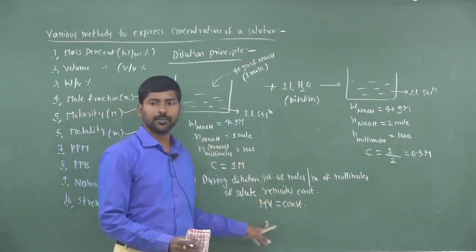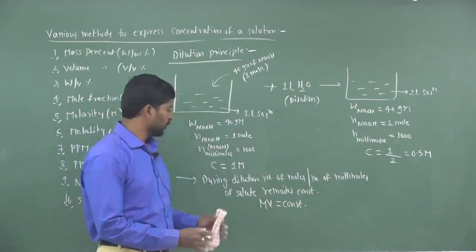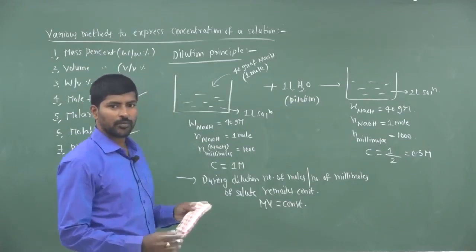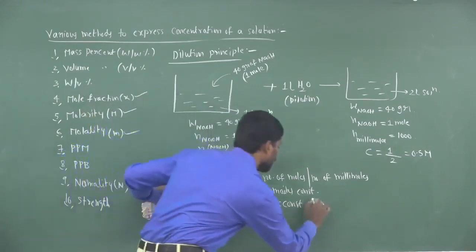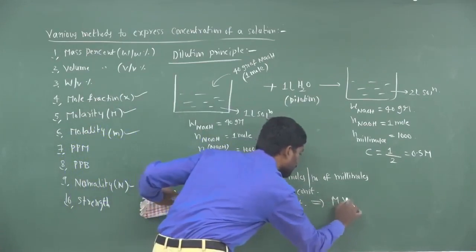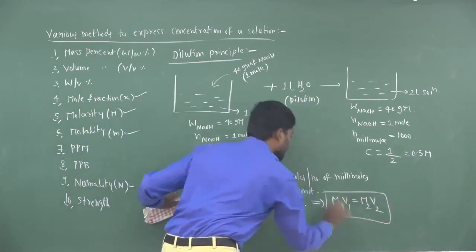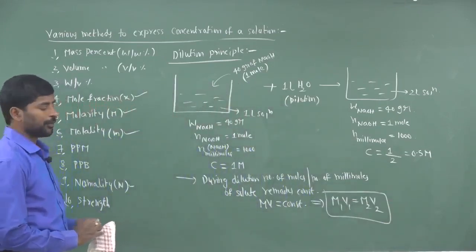If you take liters, it is number of moles; if you take ml, it is number of millimoles. So M into V remains constant, and we can write it as M1 V1 is equal to M2 V2.